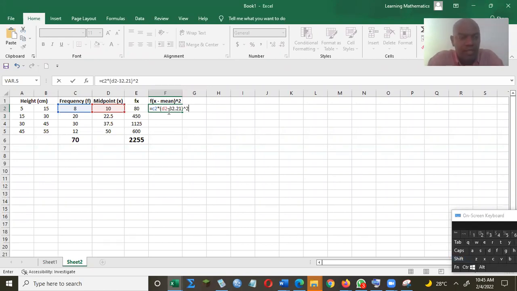Okay, because frequency meaning how many times, 8 of them are between 5 and 15. So instead of doing it 8 times and adding, just multiply by 8. That's what is happening there. Okay, so let's go over that again.